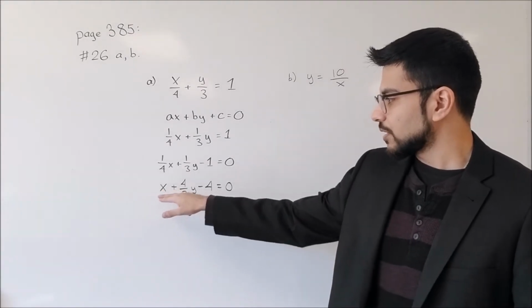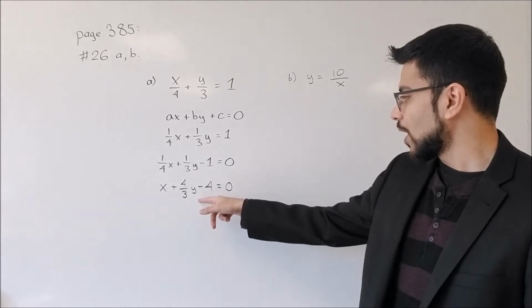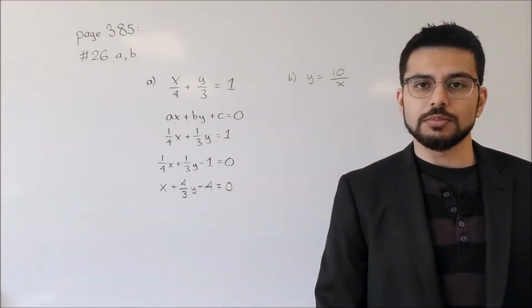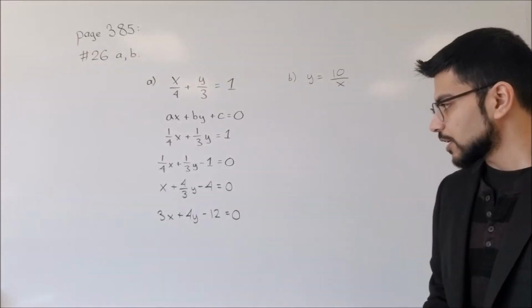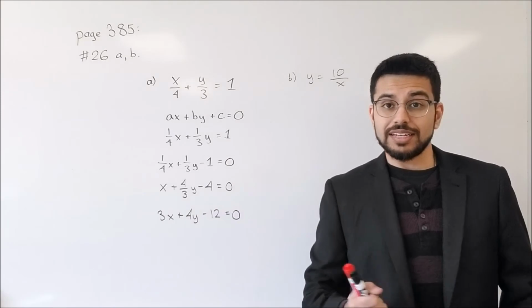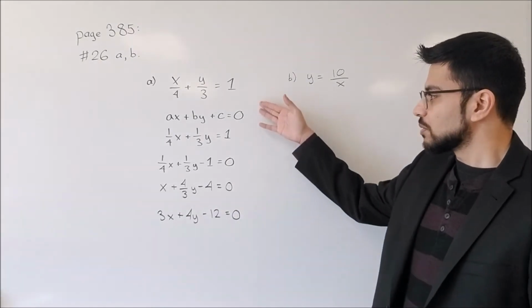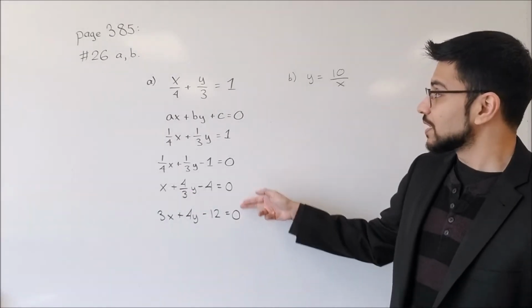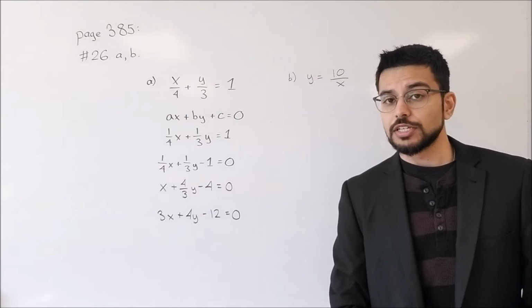So I end up getting 3x plus 3 times 4 over 3, y, minus 4 times 3 equals 0 times 3. And if I clean that up, it looks like this. Ta-da! 3x plus 4y minus 12 is equal to 0. That is a general form statement, and we didn't change anything other than working with some of our algebra to get here, which means that this original equation for part A is in fact a linear relationship.